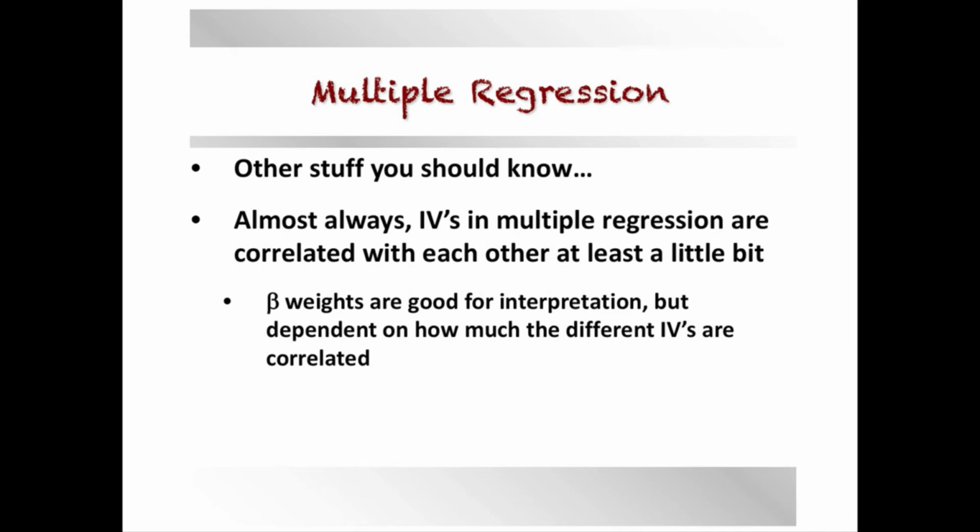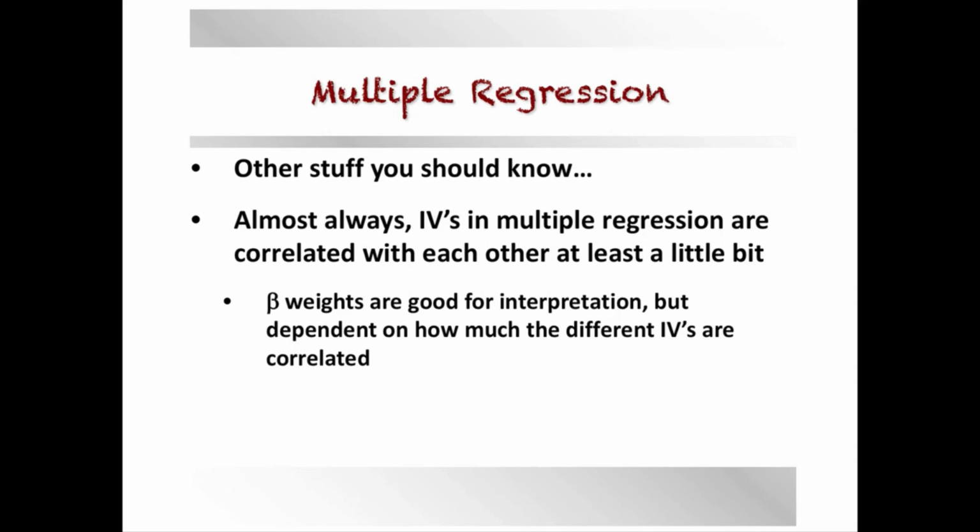Okay, so multiple regression. We have our results and our betas for each of our IVs, but there's a little bit more to be done to really interpret and compare our independent variables to each other. If our independent variables are really uncorrelated with each other, close to 0 in their correlations, then maybe we don't need to do much, because they're so unique that the betas describe their relationships with the DV uniquely.